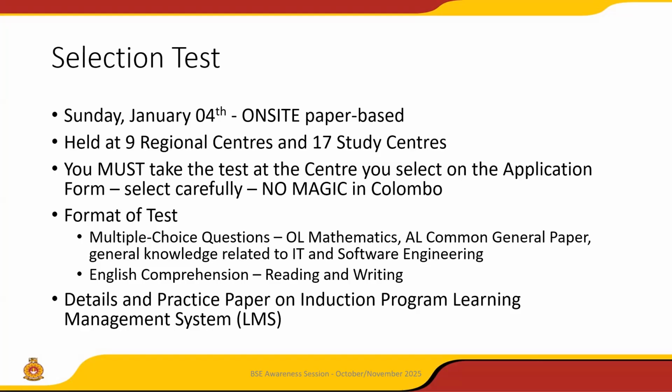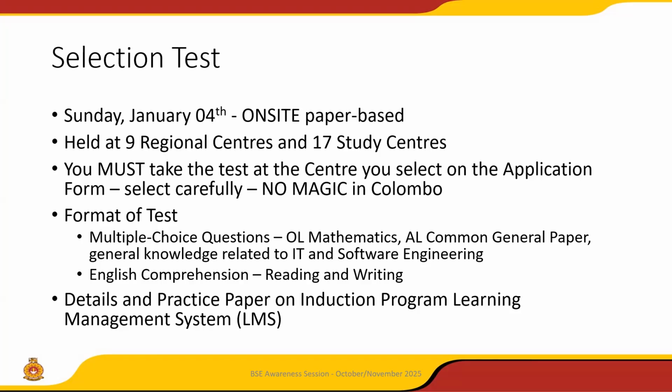I will now tell you something about the selection test. The selection test will be held on Sunday, the 4th of January. It will be held on site, which means that you have to come to one of our centers to do it, and it will be paper-based. You will be marking your answers or writing your answers on a piece of paper that will be collected.